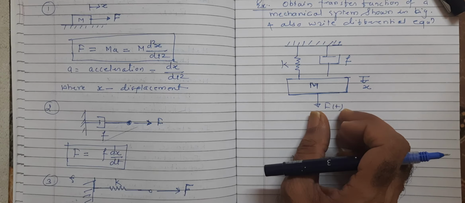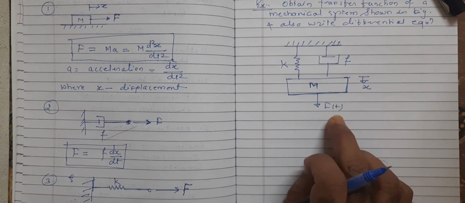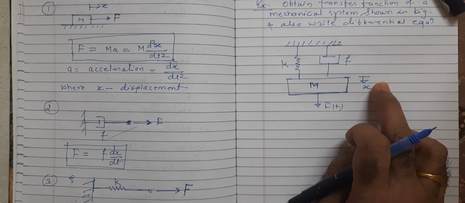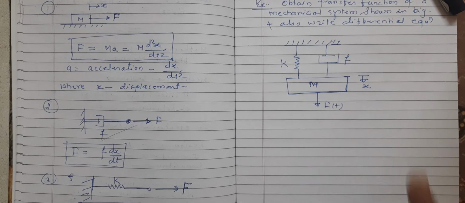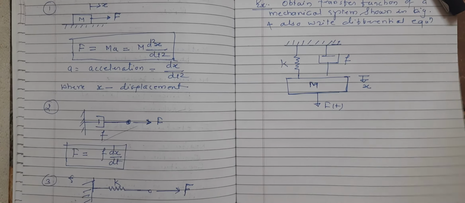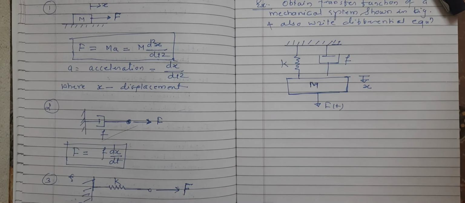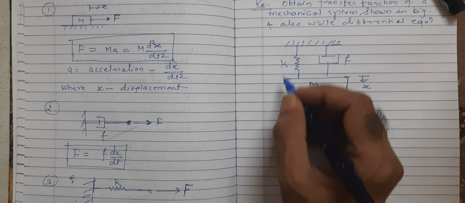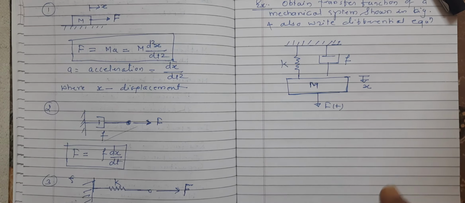The applied mechanical force is f of t, and when we apply the force on the mass M, it gets displaced by a displacement X. Now see here, this is our simple mechanical system.